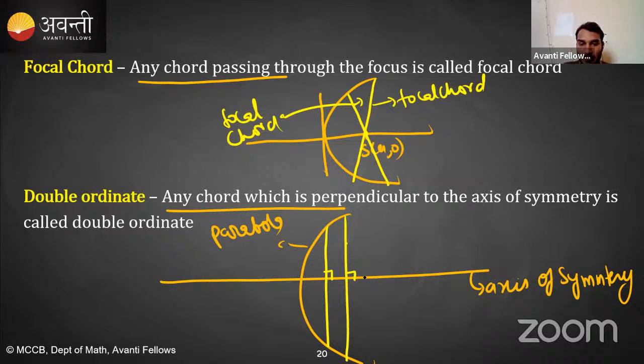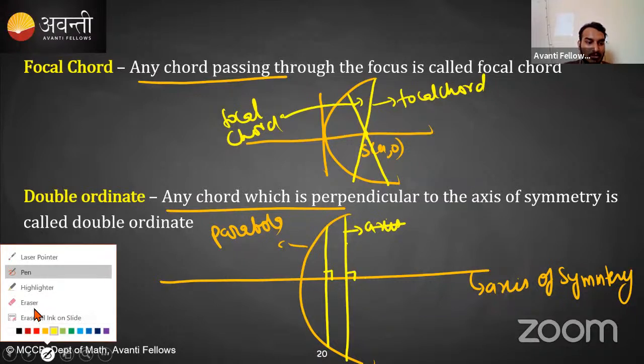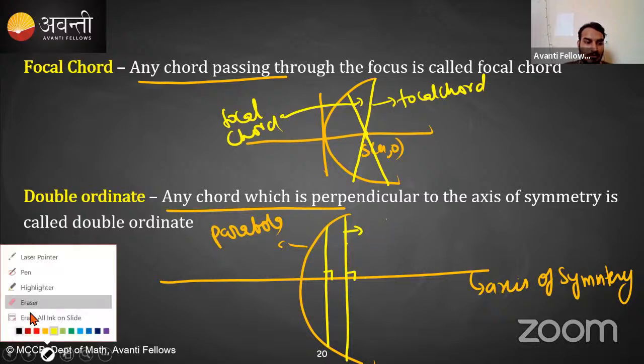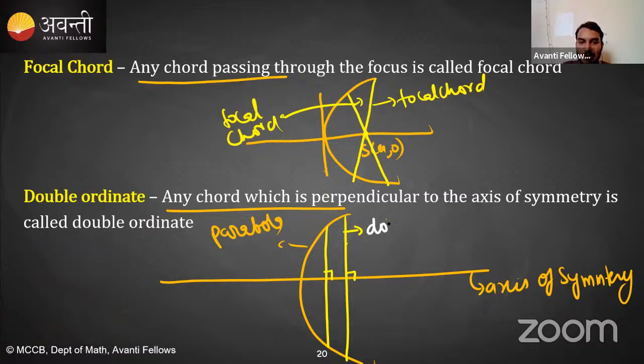See, this chord is perpendicular to the axis of symmetry, so this chord will be known as a double ordinate. That's all. इतना simple है. Double ordinate क्या होता है? A chord which is perpendicular to the axis of symmetry. So this is a double ordinate.